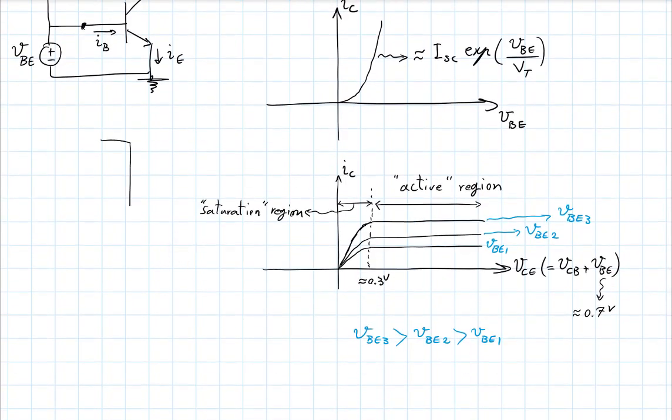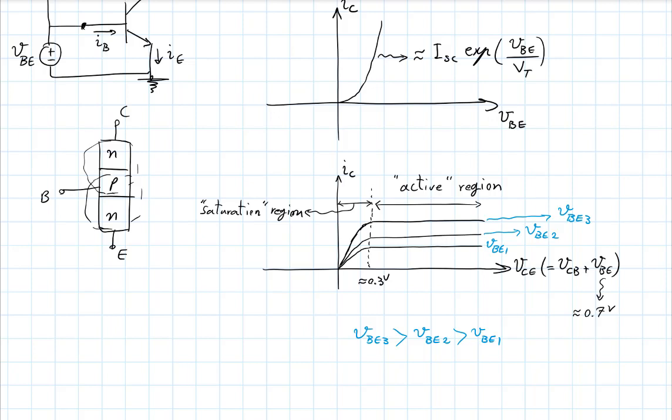This is the physical structure. You have an N-type semiconductor, a P-type semiconductor, and another N-type. This is the base emitter portion. You might say this is a diode. And this is the collector base portion. That's also another diode.